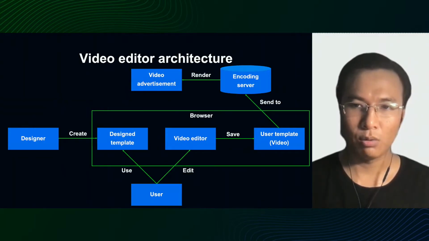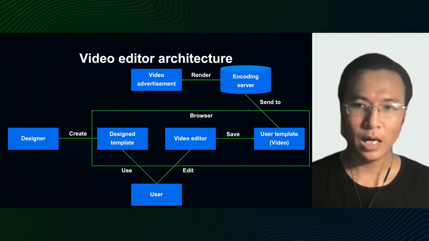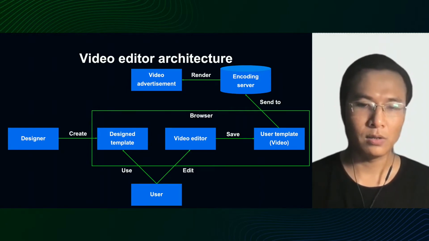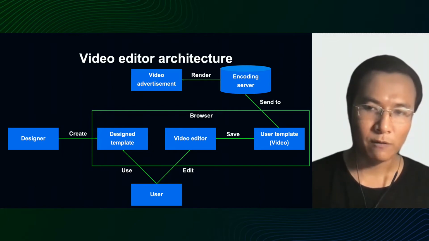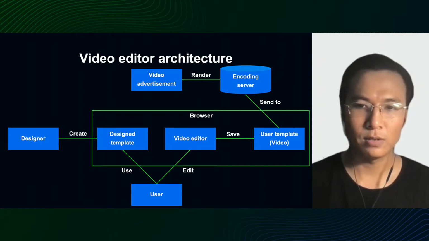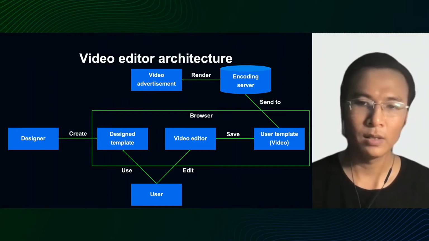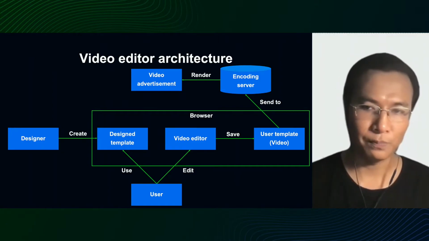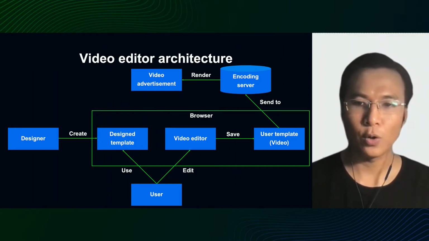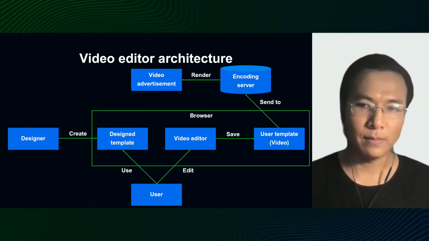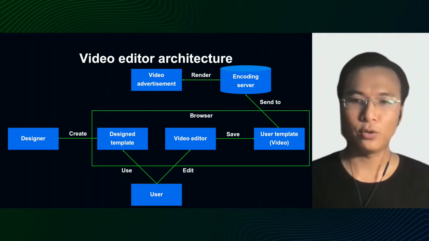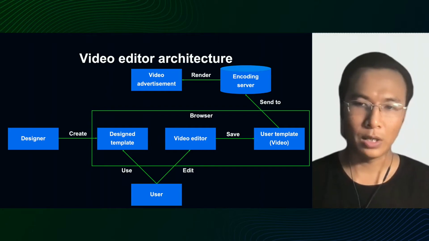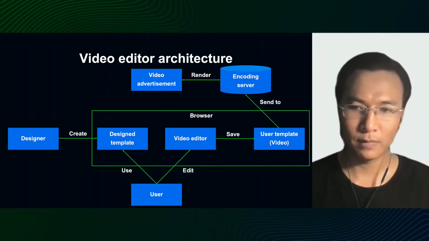Creative Lab Video Editor architecture consists of 2 parts: a front-end application that allows the users to create or update video templates, and an encoding server that produces MP4 videos by receiving the video templates. Similar to the image editor, Creative Lab designers also create a lot of video templates, and users can choose any of them and start creating their own video advertisements.